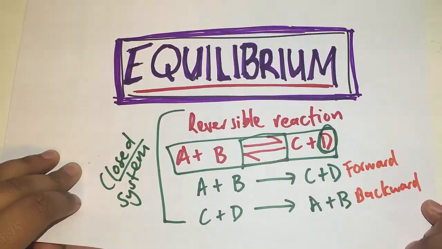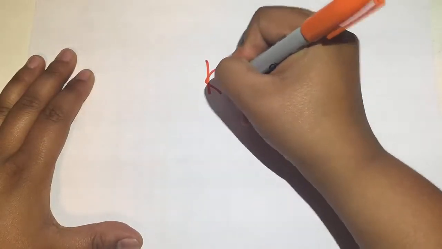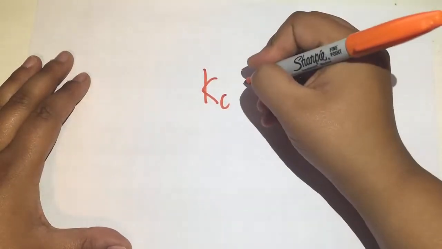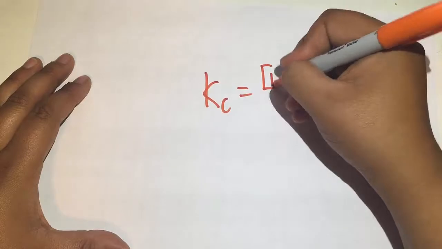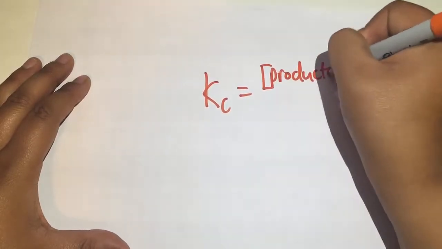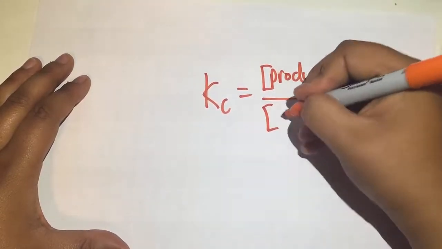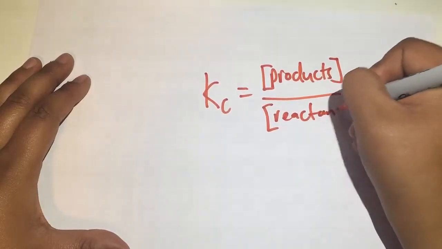So if we're looking at what the Kc value is, what we're doing is we're saying, how does the concentration of the products compare to the concentration of the reactants?